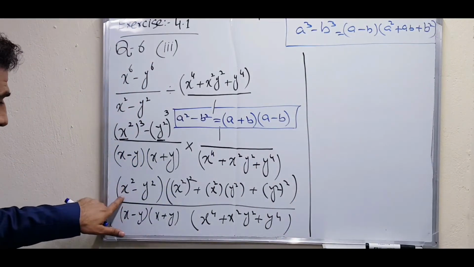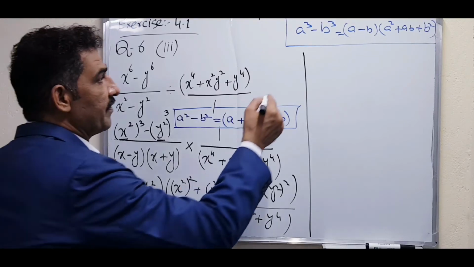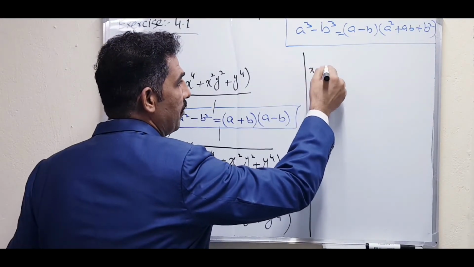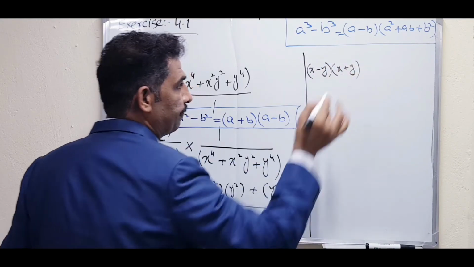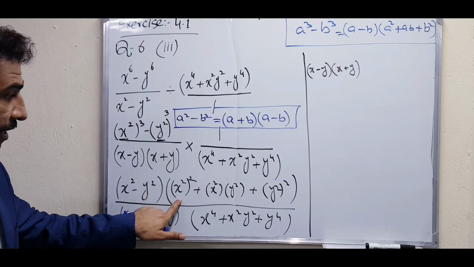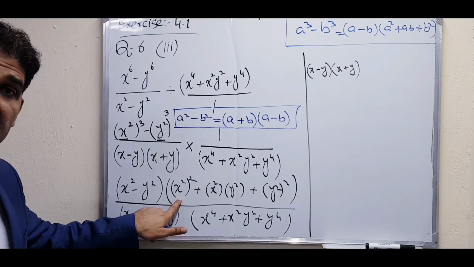So make the factors of x square minus y square. What are the factors? It will become x minus y into x plus y. Right? When you expand this square, what should it become?